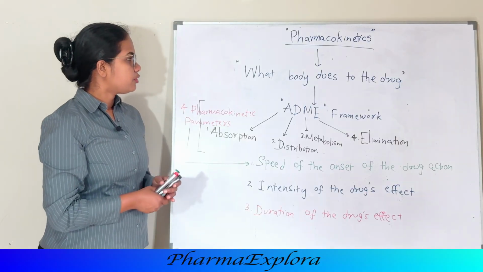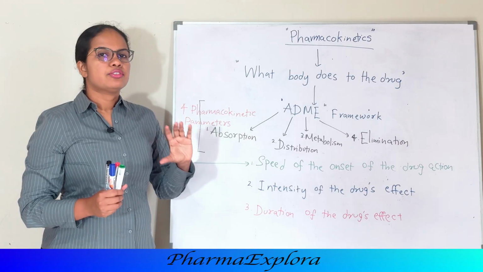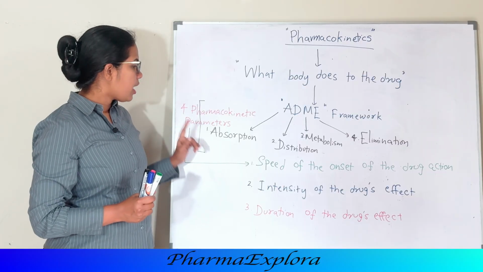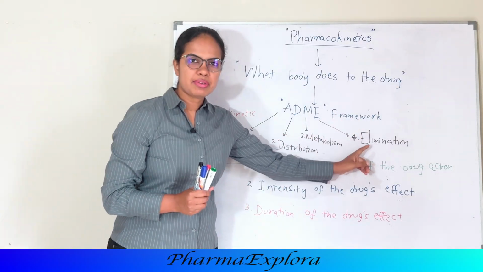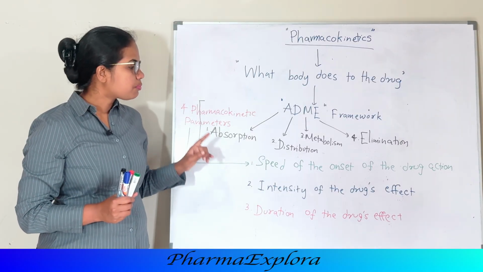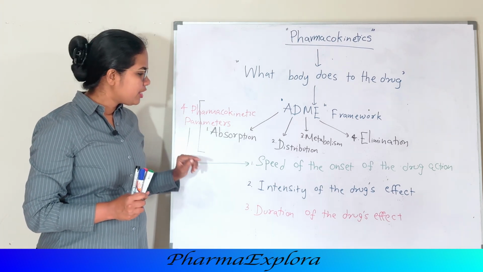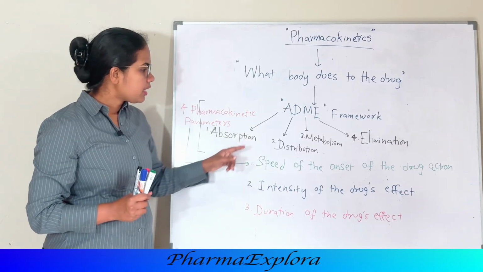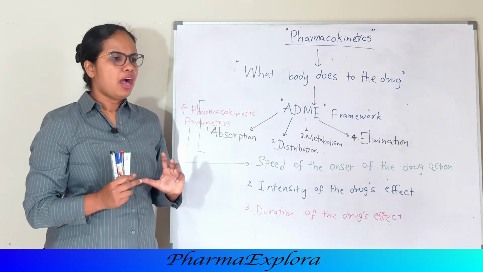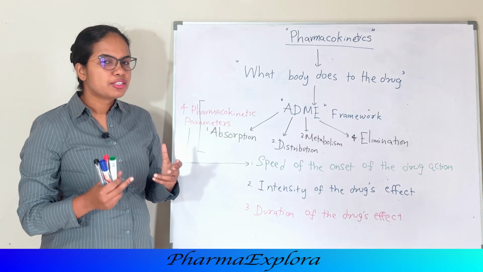So today we are going to discuss the practical applications of pharmacokinetics. We explained that these main four pharmacokinetic parameters, absorption, distribution, metabolism and elimination, are going to determine three important outcomes. Those are speed of the onset of the drug action, intensity of the drug's effect and the duration of the drug's effect. Speed of the onset we define in a simple way as how quickly your drug starts to work.